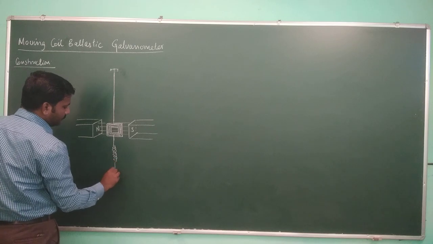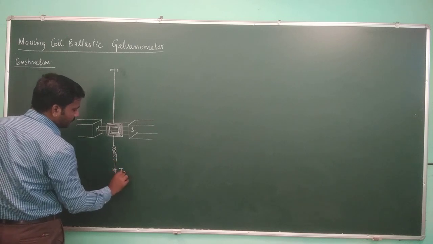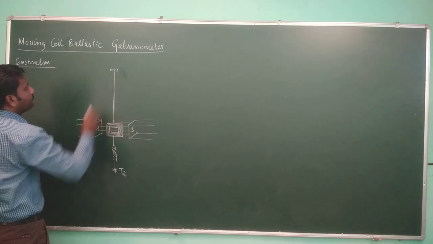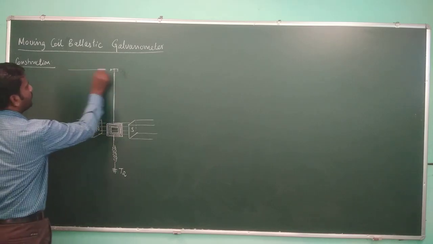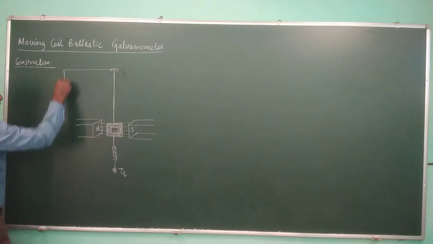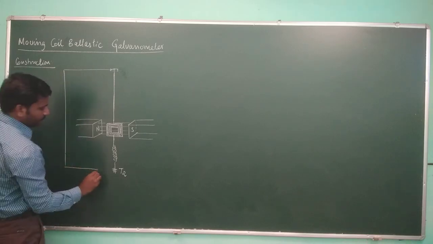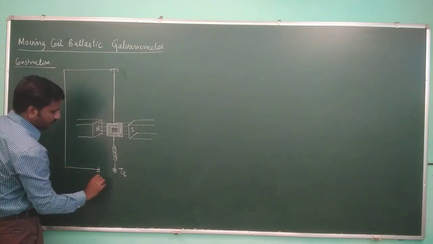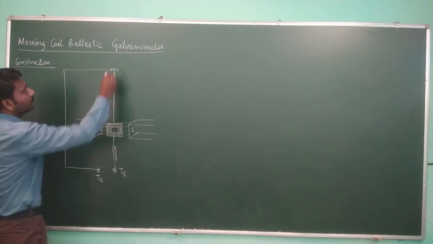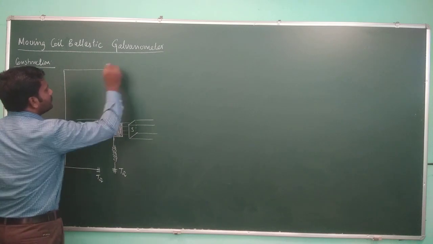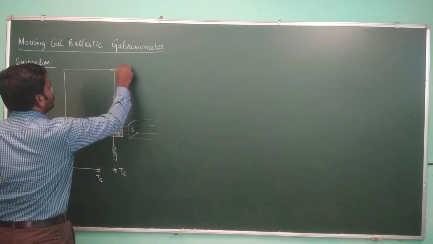Then it is connected to the terminal T2. This is also connected to a terminal that we can see. There is another terminal T1. This is the suspension point, the torsion head.